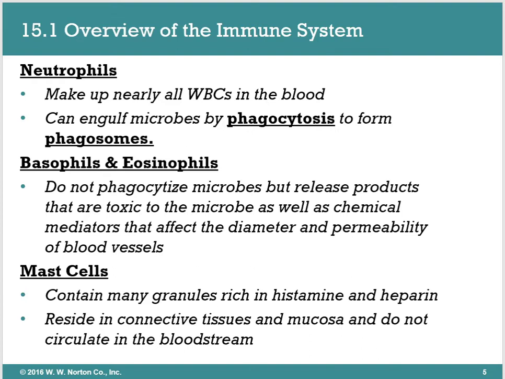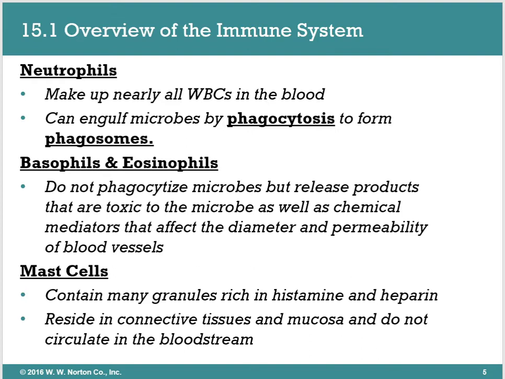And then basophils and eosinophils, they don't go around phagocytosing microbes, but they release toxins into the environment where the microbe is, and that will cause the microbe to disintegrate in a way, I guess.